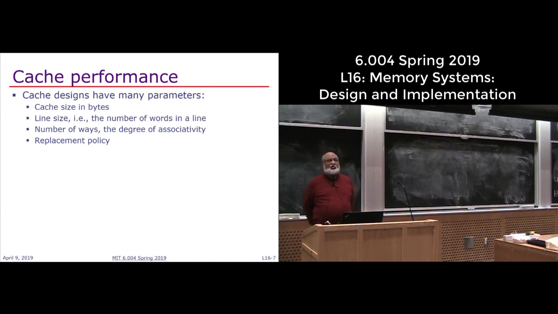So for example, what is the total size of the cache? Can I afford to have 1 megabyte of cache, or am I going to have 64 kilobytes of cache? Obviously, if you have a bigger cache, you're going to do better, right? So something else determines this. Chip area, cost, whichever way you want to think about it, right? So you would like to have as big a cache as possible, because that's what makes sense. But you may not have enough money to implement a gigantic cache, or it may be infeasible.